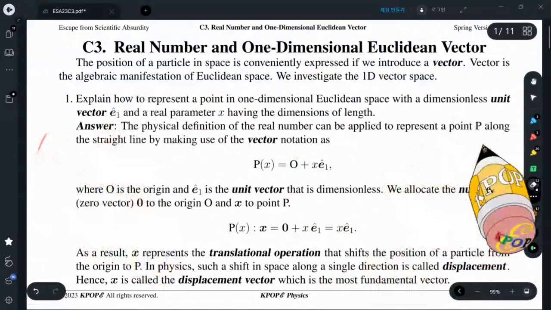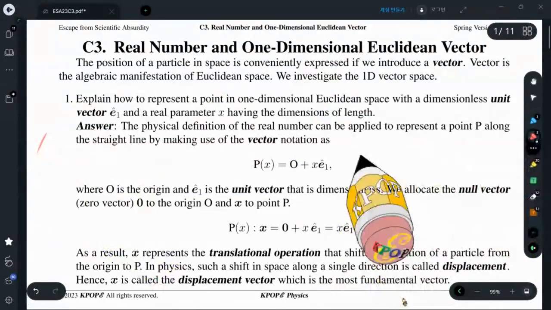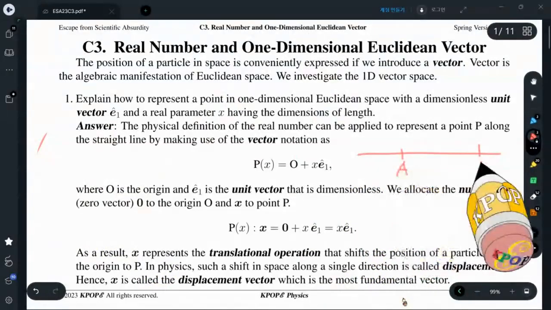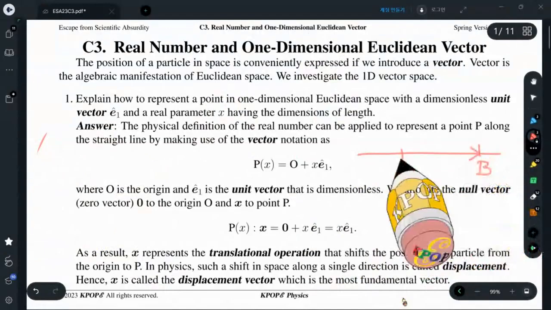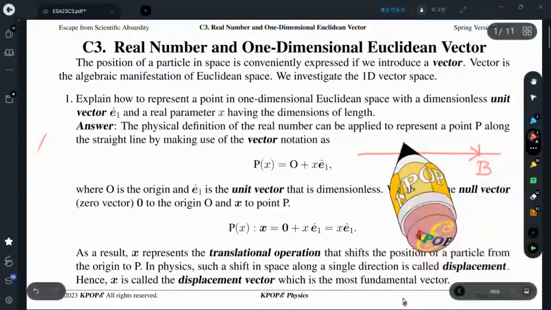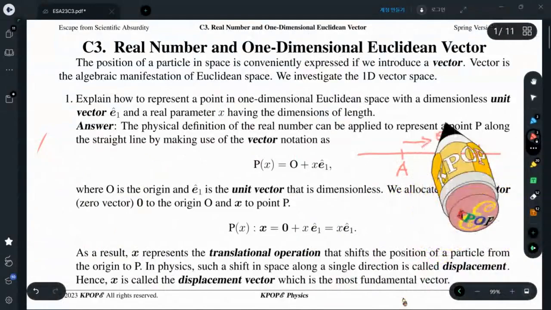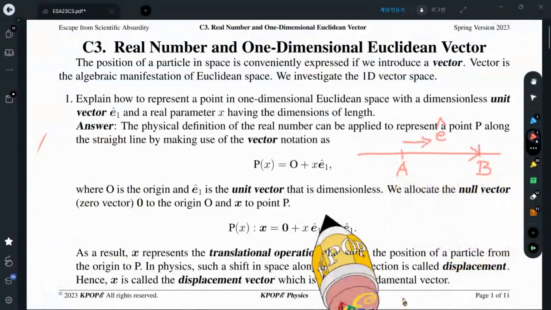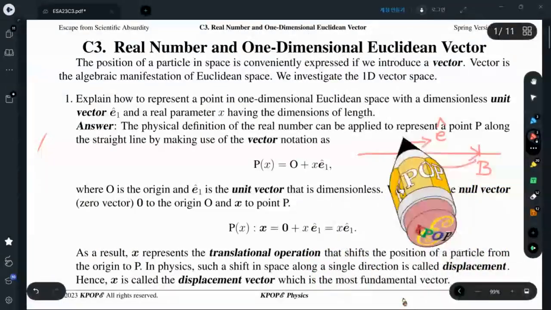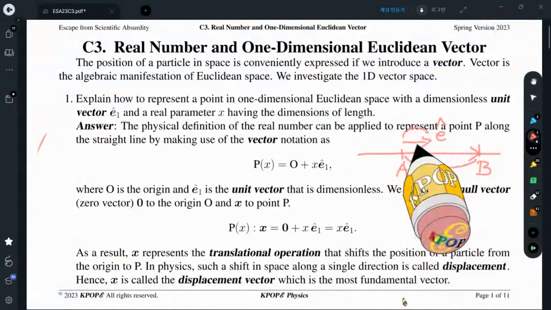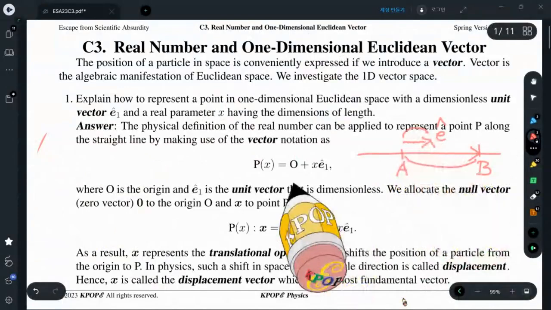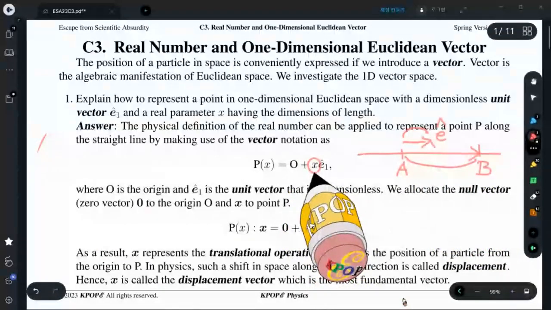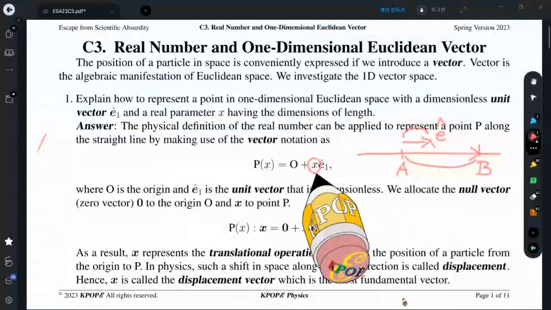As a result, consider any vector along a straight line connecting two points, suppose we have A and B. We have a unit vector, and the ratio of these two vectors, the length divided by this unit length, gives a real number, and actually this real number has the dimension of length.